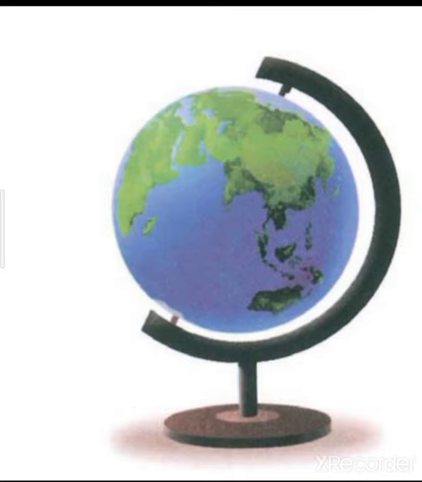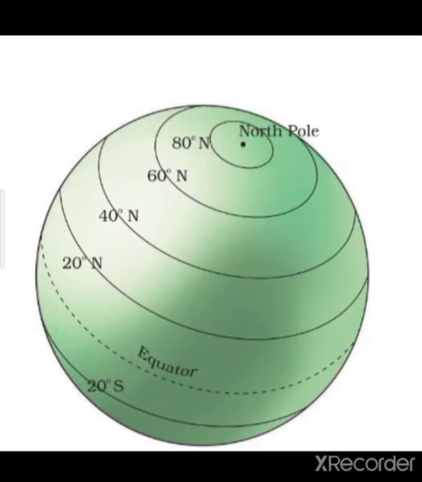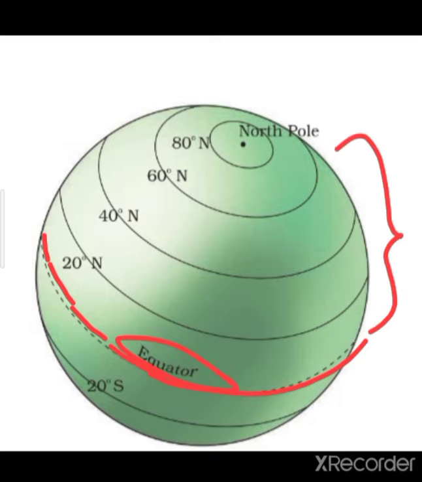Now see here, if you observe this picture, where is the equator? The red line which I am drawing is nothing but the equator. This is the northern hemisphere, and the lower portion is the southern hemisphere.